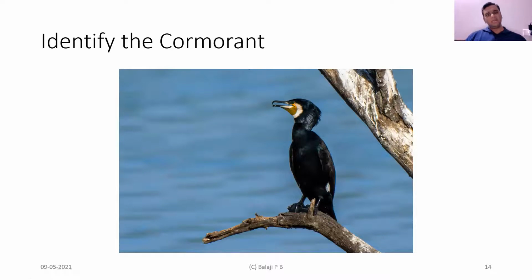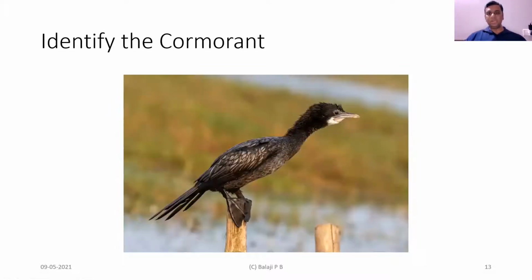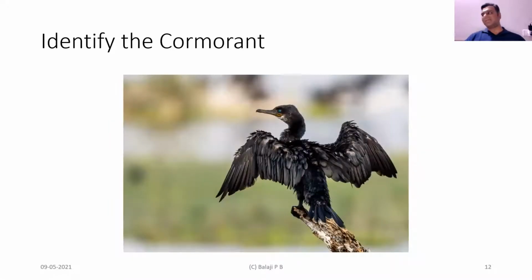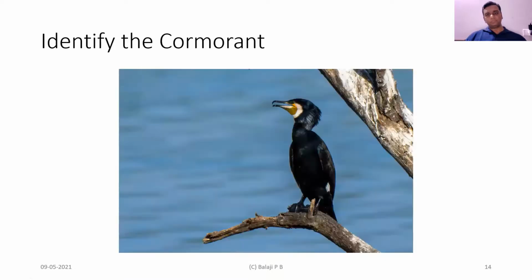In the Indian cormorant, you could see how bright the eyes are, bright green, but in the great cormorant it is not as bright. So it is a great cormorant in breeding plumage.